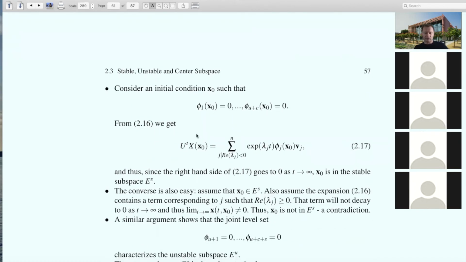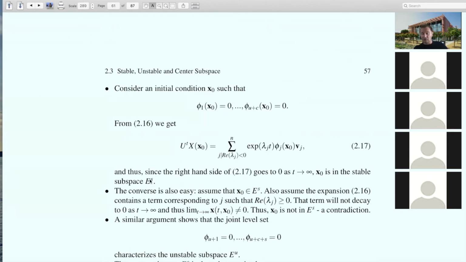Okay, so that's what the solution looks like, starting from an x0 that satisfies this property. And so if you look at this, all the lambda j's that are in this expansion now, the real part is less than zero, and therefore this is going to go to zero as time goes to infinity. And by definition, then x0 must be in the stable subspace.